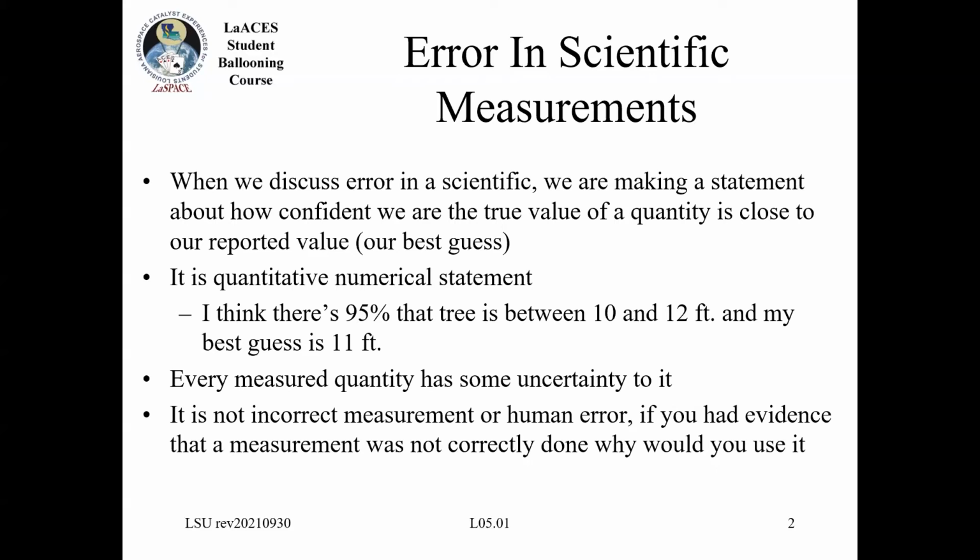You shouldn't just make a blanket statement like, oh, there's 5% human error. That's sort of meaningless, and you can only really do that if you're comparing something to an accepted value, right? And you want to understand why you have a difference like that.